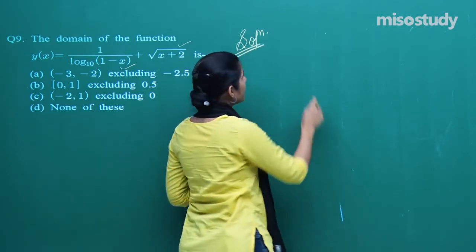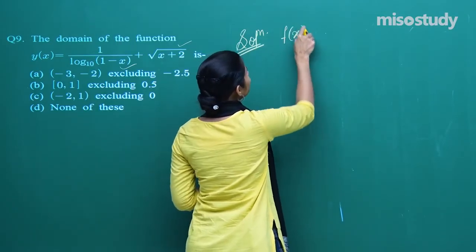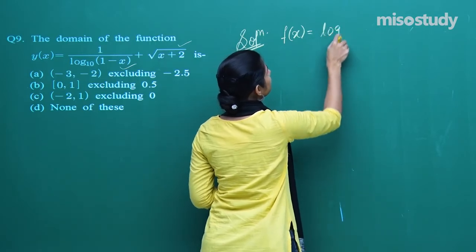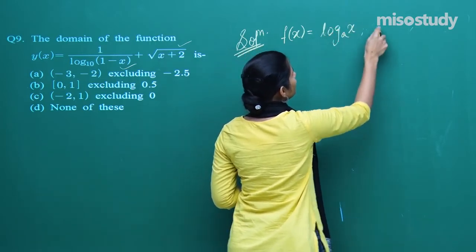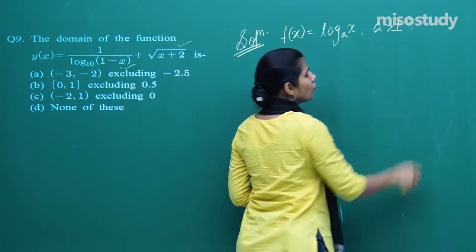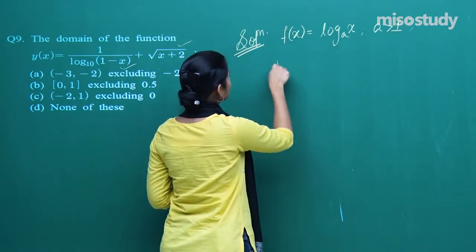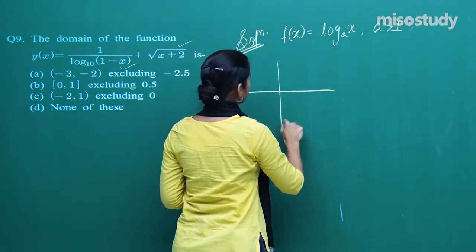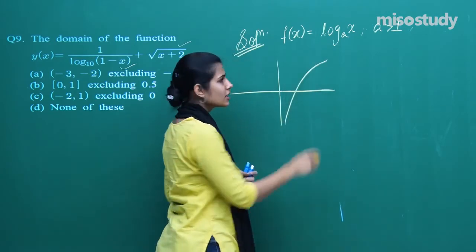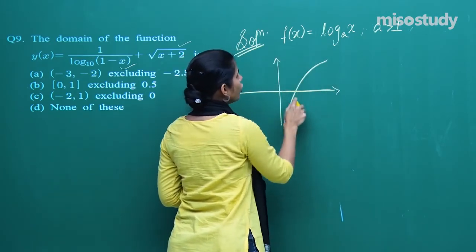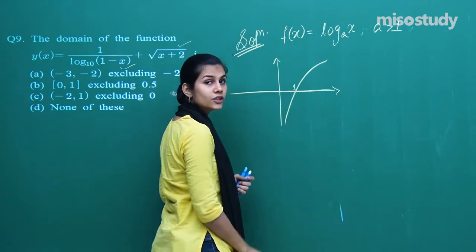We all know that the function log x, if I just take A greater than 1, the graph comes like this of log x. Log of 1 is 0.